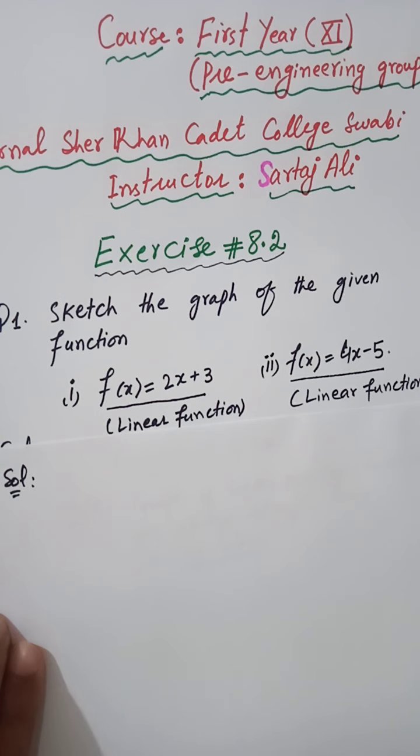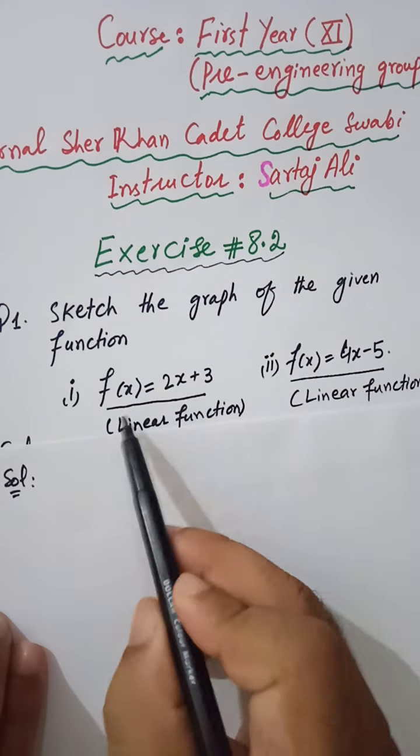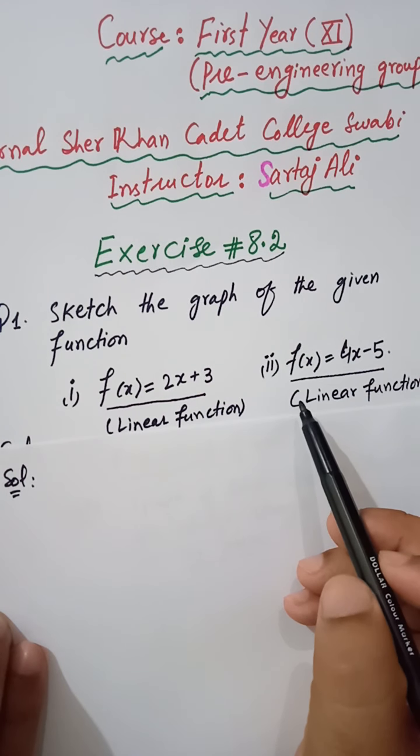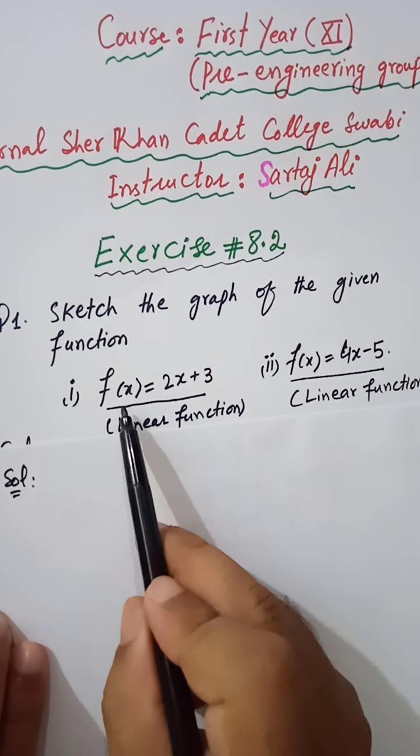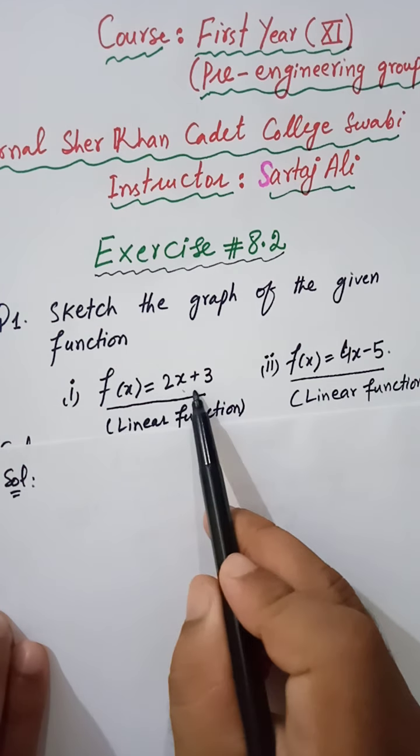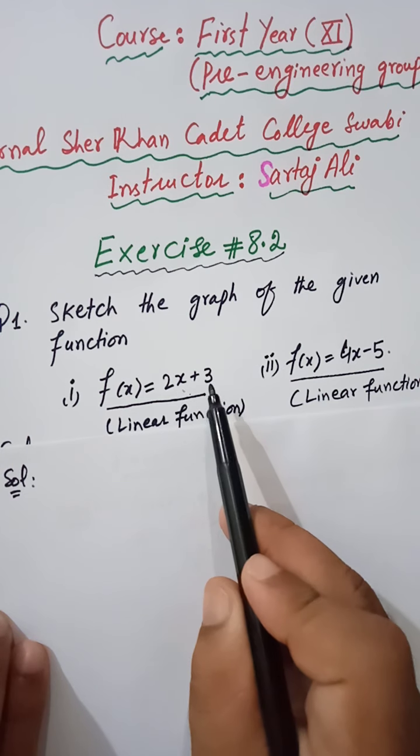I explained in the theory that if you are interested in finding only 2 ordered pairs, then find such ordered pairs which are the x-intercept and the y-intercept of the straight line which you are required to draw in the two-dimensional plane. So to draw the graph of these functions, I will take certain values from the domain of the function and put those values in the argument, and the function 2x plus 3 will operate on that, and you will get a value in y.